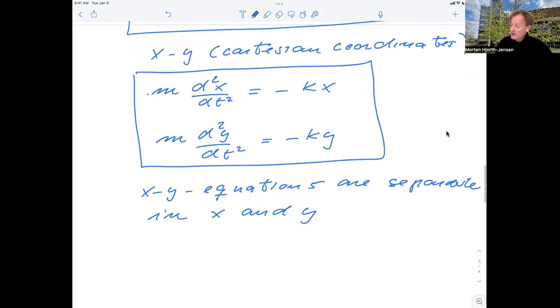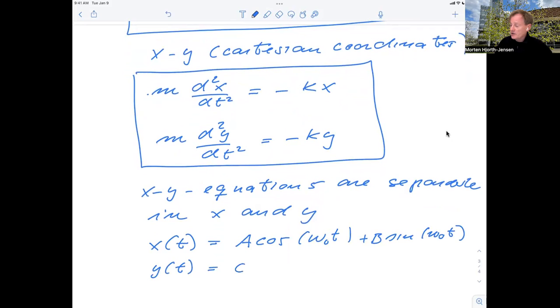And we found that the solution could easily be written down in terms of a constant a times a cosine of the natural frequency omega 0 t, plus a b times a sine of omega 0 times t. And similarly, we would have a solution for y, which is given by a constant c, to be determined by the initial conditions, times a cosine of omega 0 t plus a new constant d multiplied with sine of omega 0 t.